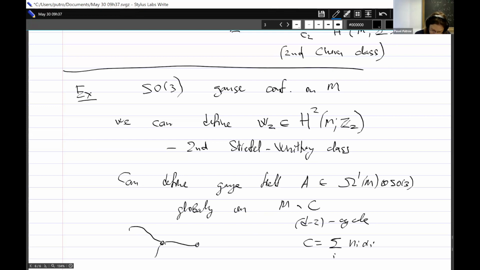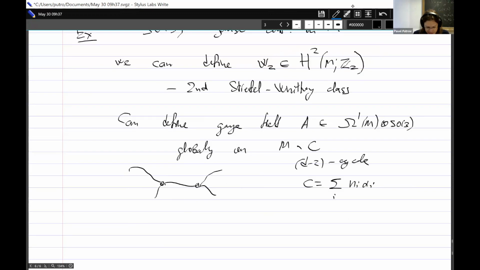So these alphas are somewhat analogous to Dirac strings, and so we consider again alpha I and a small circle gamma I around it.